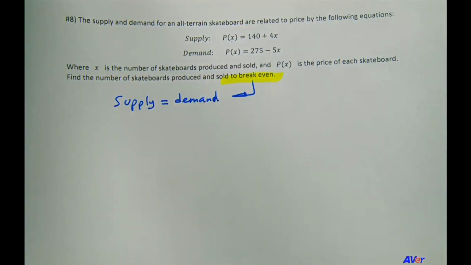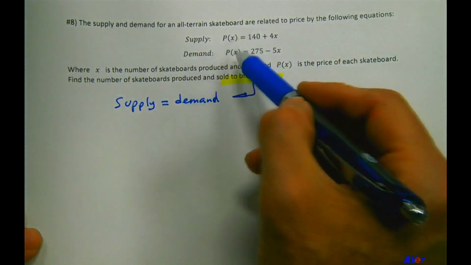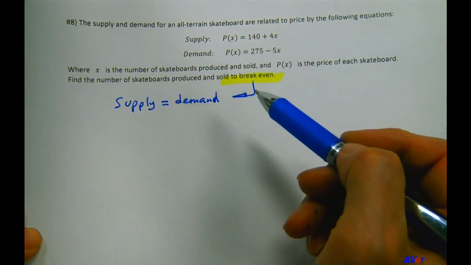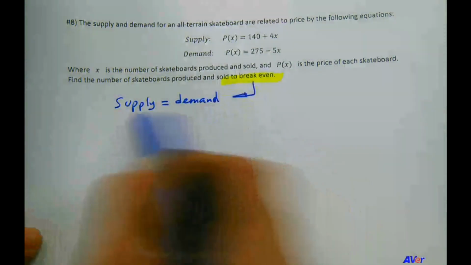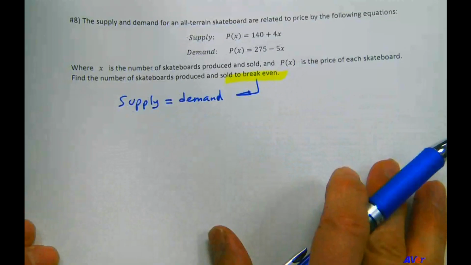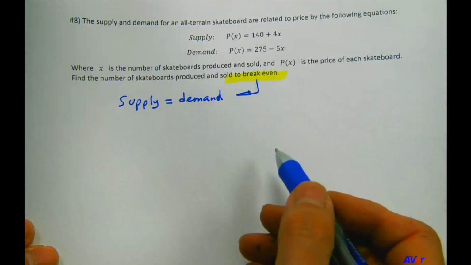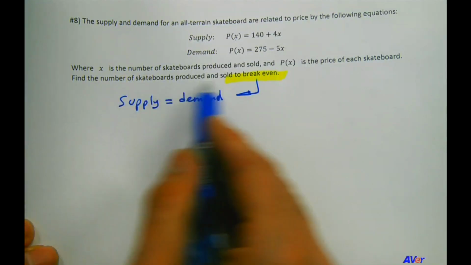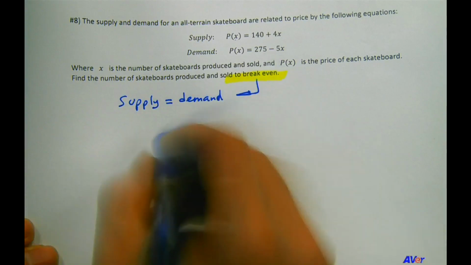Okay? So in this case, we were given the price at supply, price at demand. But at break-even, supply and demand are equal, so we can set those two equations equal to each other and solve for X, which is the number of skateboards produced and sold to break even.